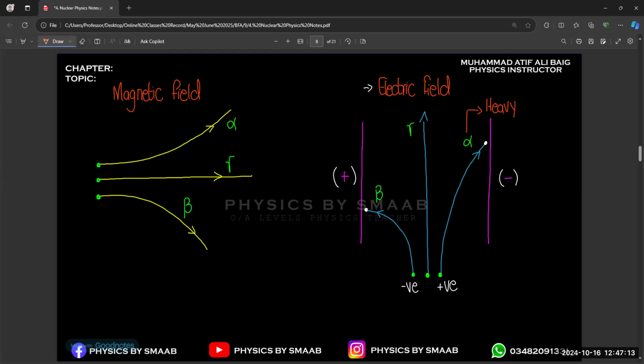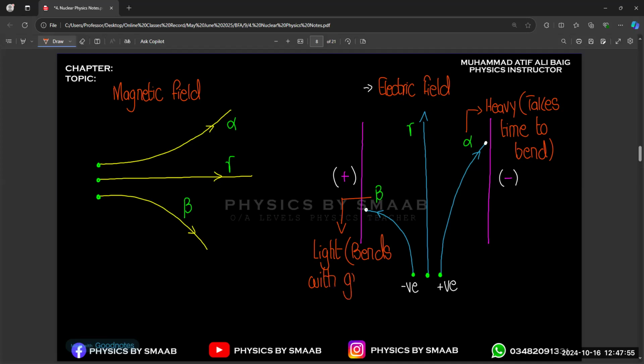Alpha is heavy, so it takes time to bend, which is why alpha bends at a long distance, but beta is light, so it bends with a greater angle. Any confusion?